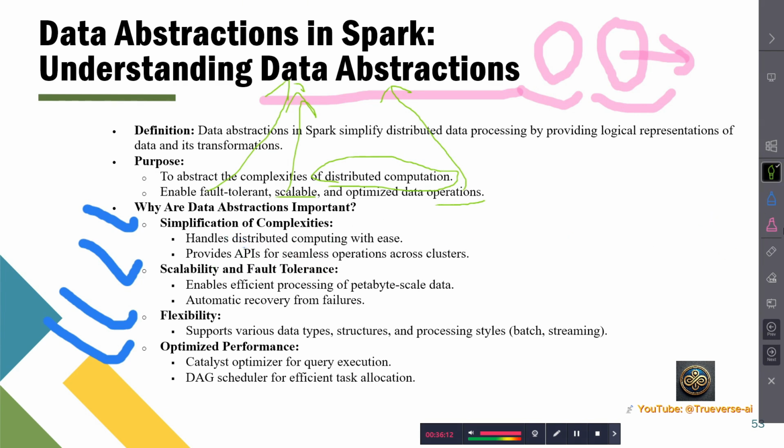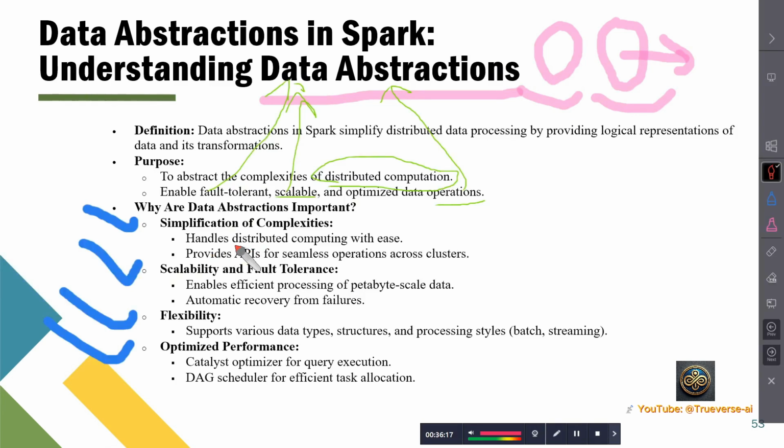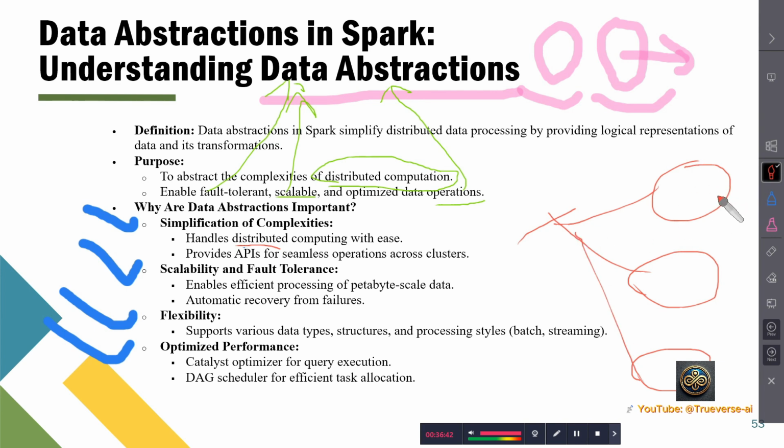through the distributed part. And we need to simplify the APIs across the cluster. What does cluster mean? When you have portions of data in different places and you want to analyze big data, each one is a cluster.